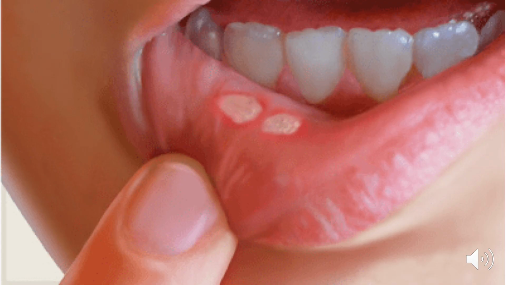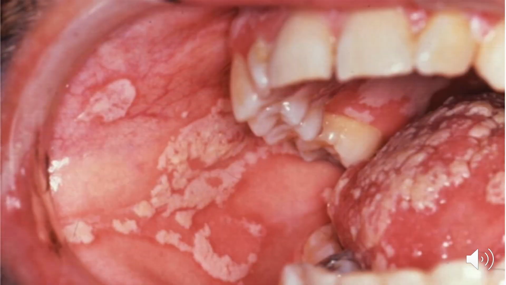These are plaques of oral thrush or oral candidiasis. In an immunocompetent individual, you might see one or two of them in the oral cavity. But for someone who has an immunodeficiency disorder, you'll get to see multiple plaques of oral thrush distributed on the oral cavity.